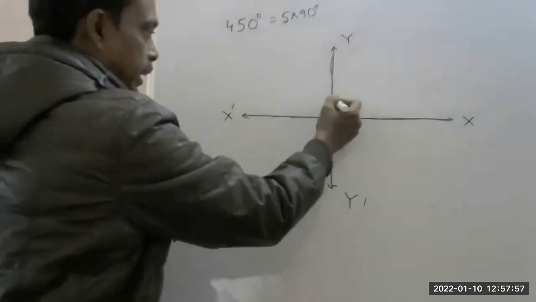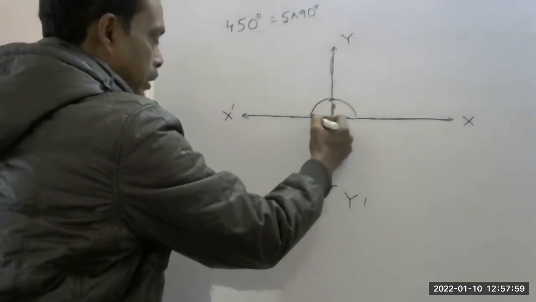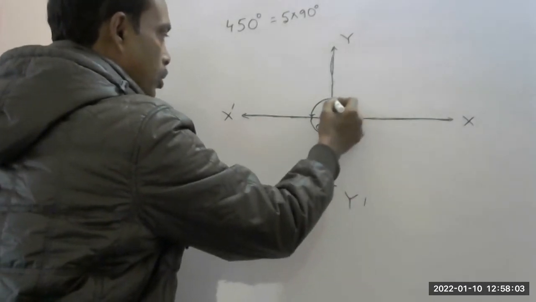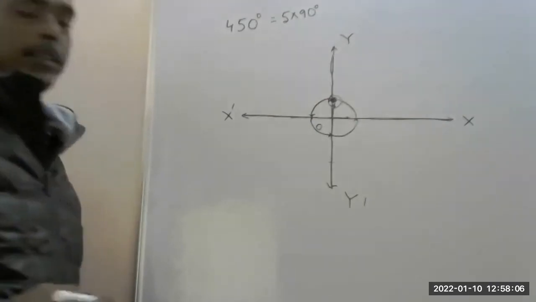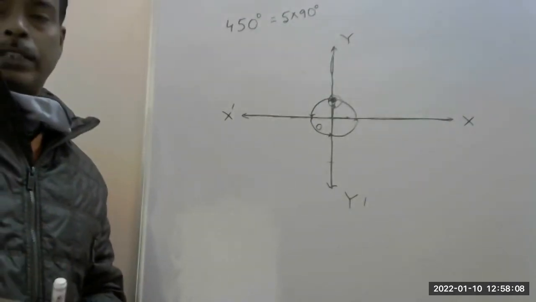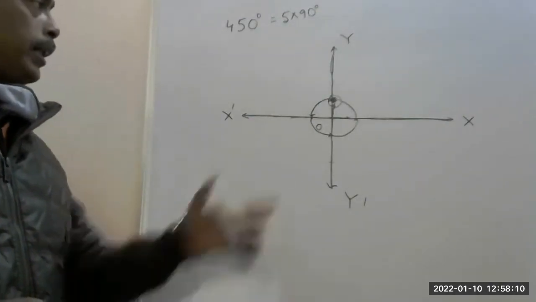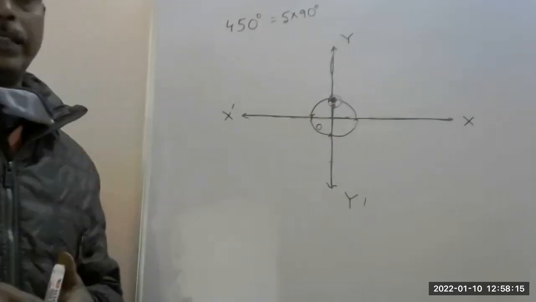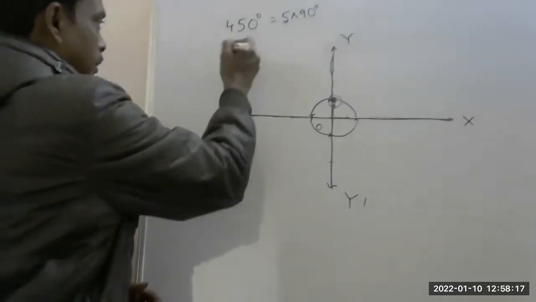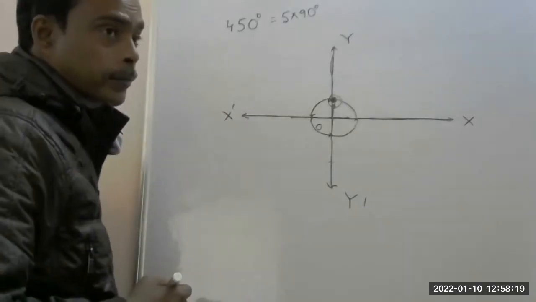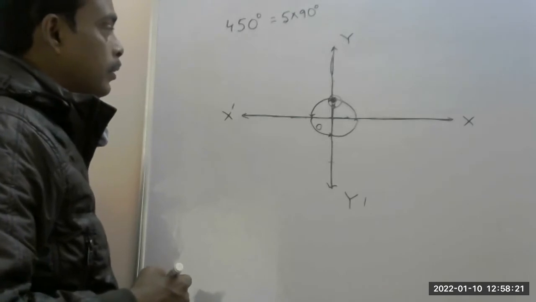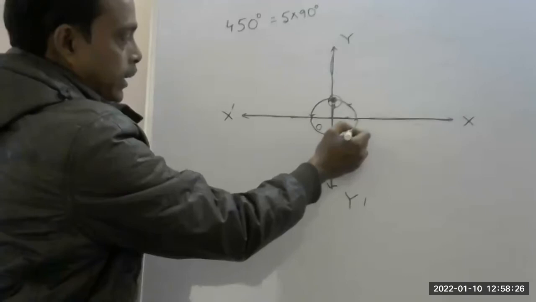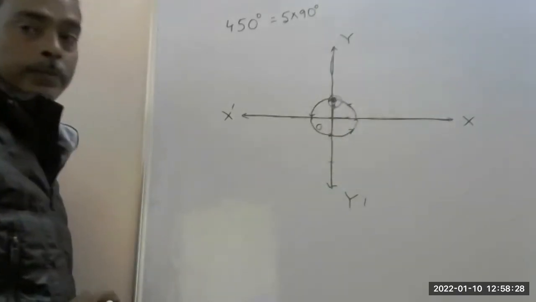So first 90 degrees, then again 90, again 90, again 90, again 90. So this angle is situated here. Once rounding it, again it is 90 degrees. Obviously it is positive, as we are taking the anti-clockwise direction as positive.